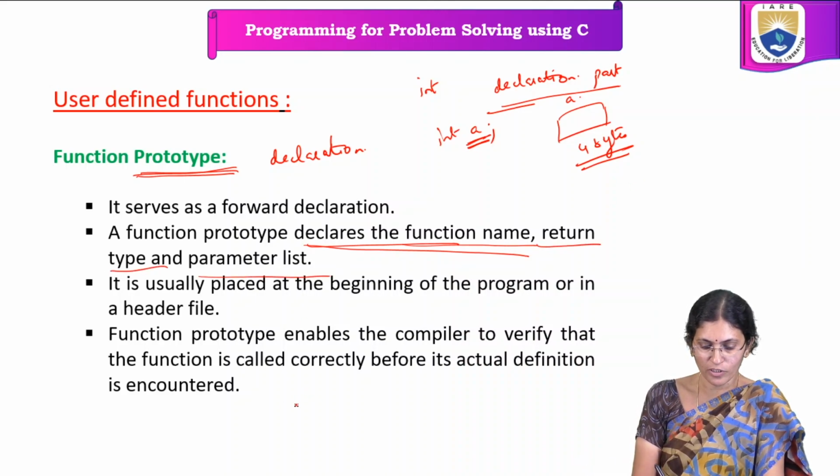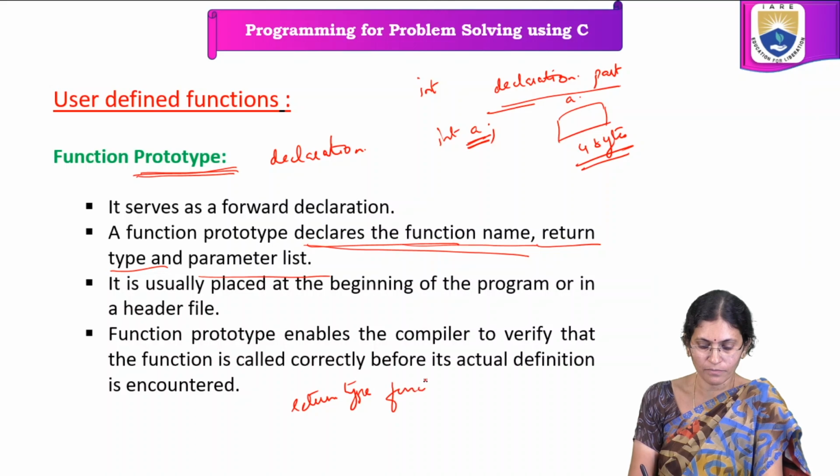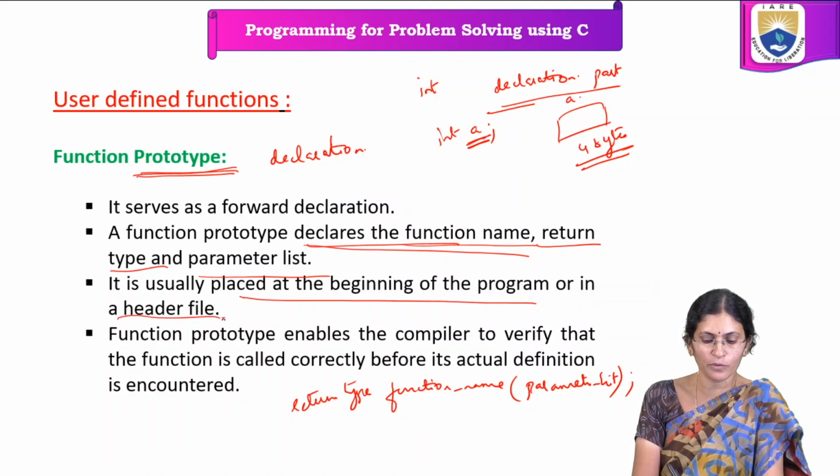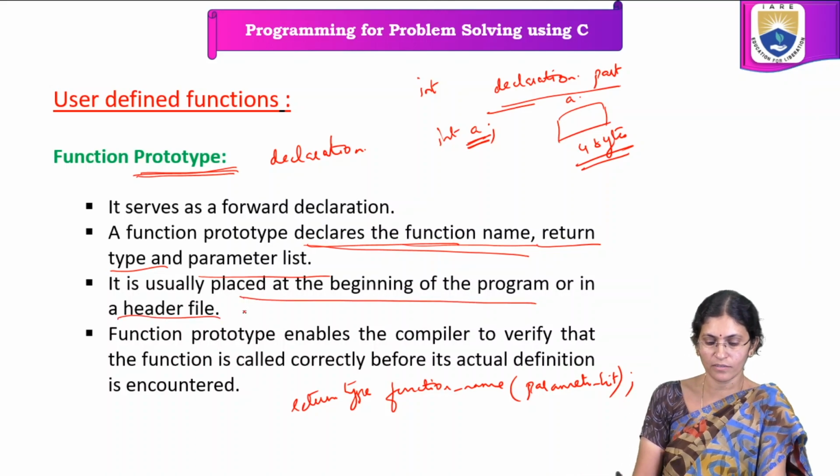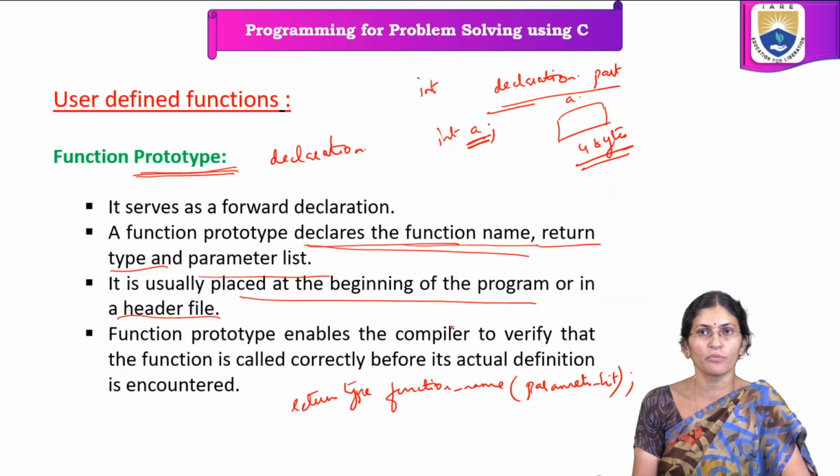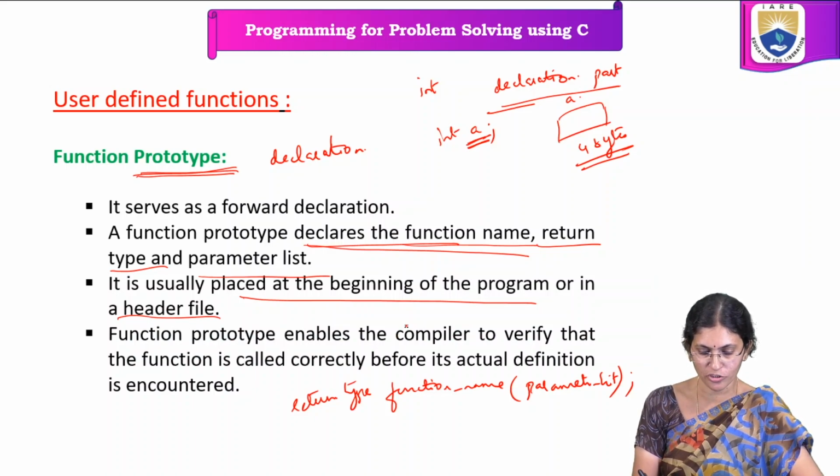So the syntax for function prototype is return type, then the function name, and then the parameter list, followed by a semicolon. It is usually placed at the beginning of the program or in a header file. Usually we place this function prototype before the main function.